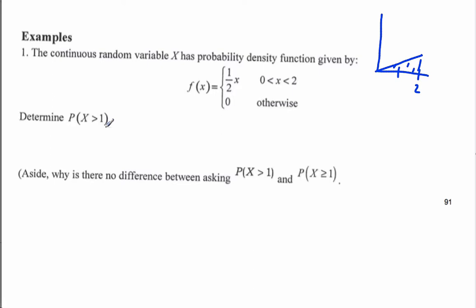And the probability that x is greater than 1 is just going to be this area here, which is the integral from 1 to 2 of f of x, which is half x dx. You can easily calculate this without calculus, but let's use calculus.